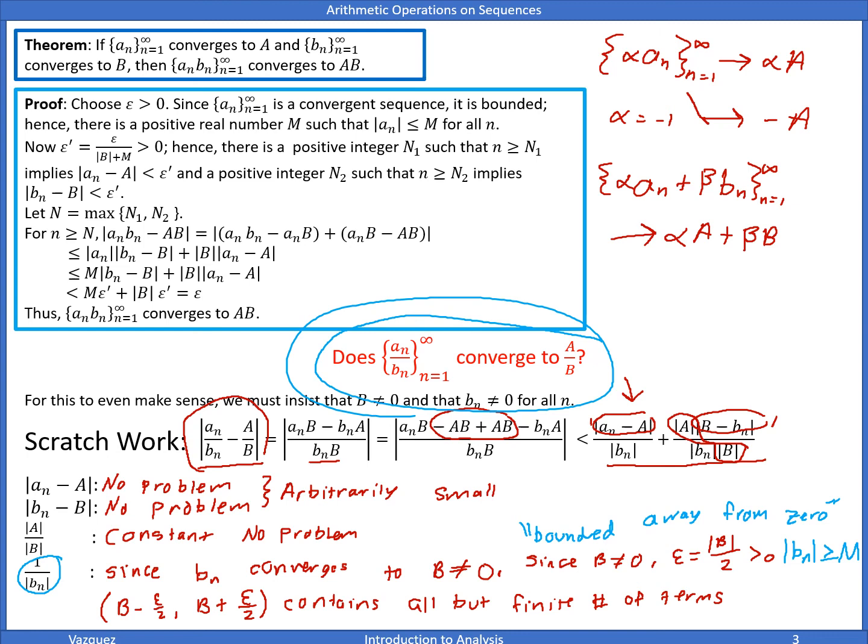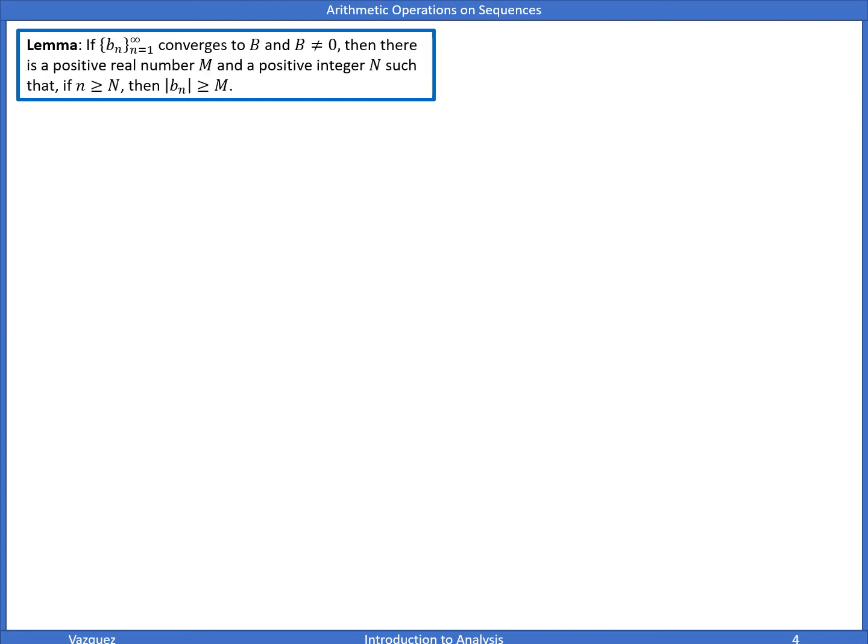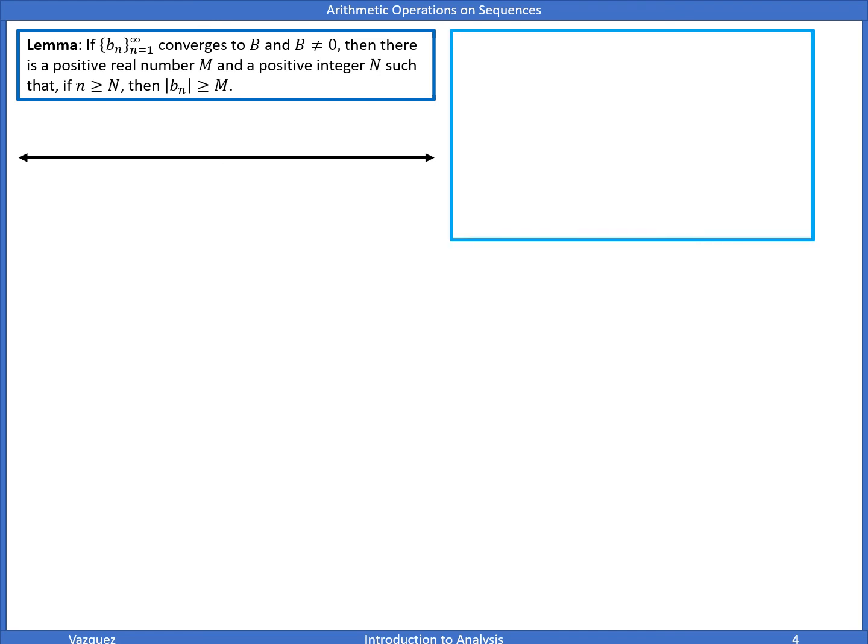I presented the intuition, a lemma. So if b_n converges to b and b isn't 0, then there's a positive real number m and a positive integer N, such that if n is greater than big N, well then all the terms of the sequence b_n are greater than or equal to m. Right? So I'm going to put a real line to help us with our little intuition here, to help us understand.